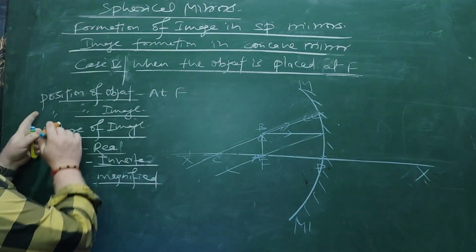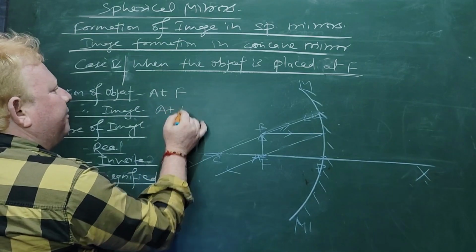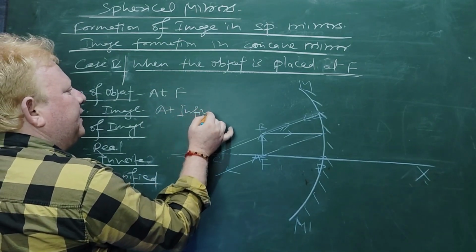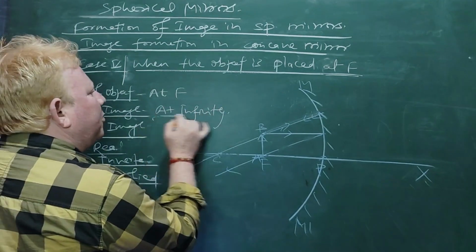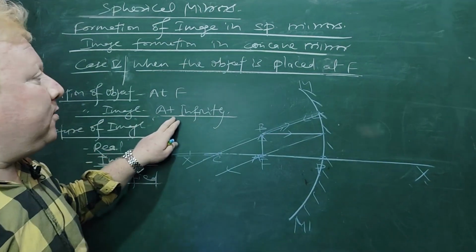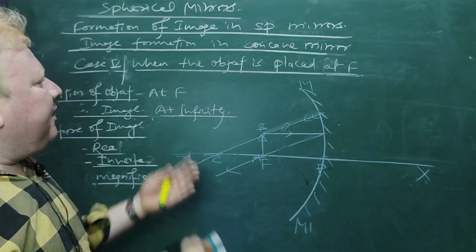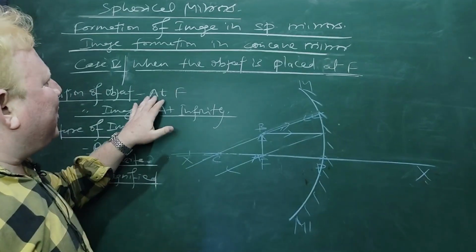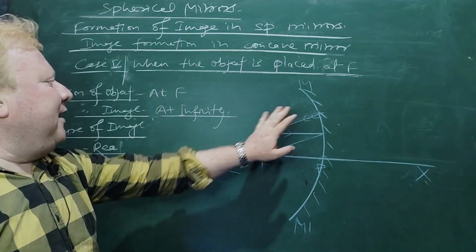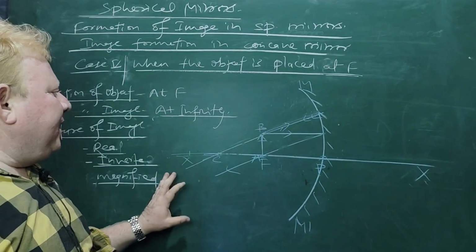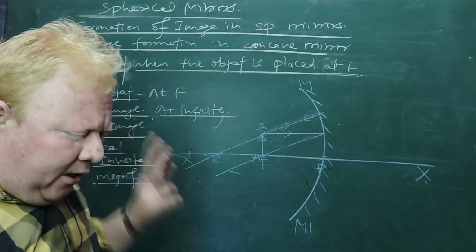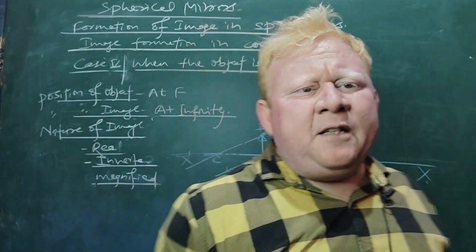So the position of image will be at infinity. This is like when the object was placed at infinity, no? So how was the image being formed at focus, yes or no? So in the same way, if the object is placed at focus, then the image is to be formed at infinity.